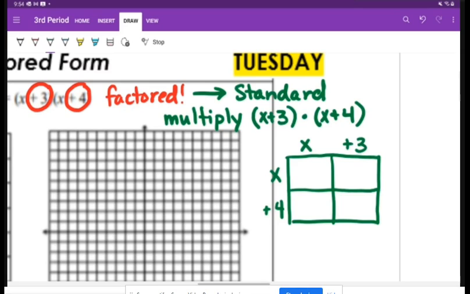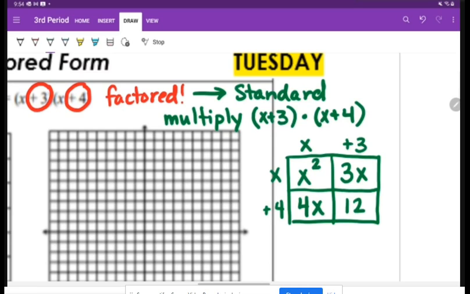So in our top left box, we take x times x. That gives us x squared. Top right, we take +3 times x. That'll give us a +3x. Bottom left, +4 times x. That'll give us a 4x. And bottom right, +3 times +4 gives us a +12.